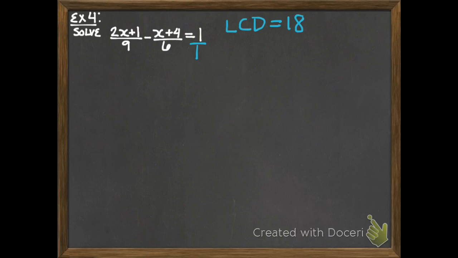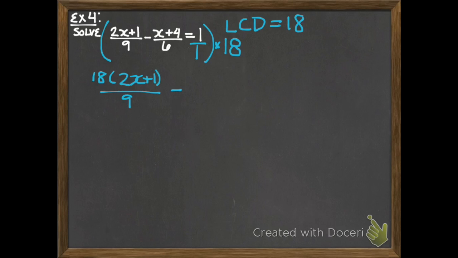So once I know what my least common denominator is, I go ahead and multiply both sides of the equation by my least common denominator, which in this case is 18. So we're going to multiply both sides by 18. So that gives me 18 times the 2x plus 1, and I'm going to keep that numerator in parentheses.